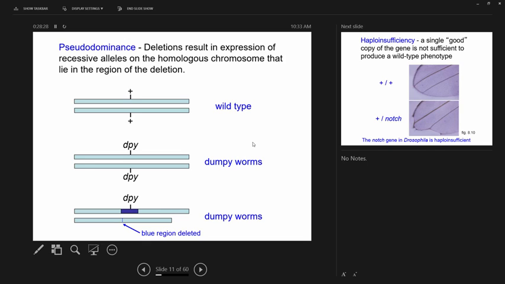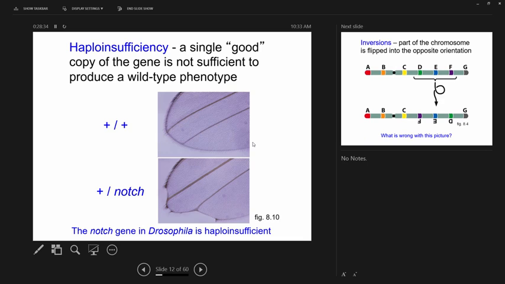So pseudodominance, a term you have to know. Another term you have to know is haploinsufficiency. Haploinsufficiency is sort of an incomplete dominance type phenomenon, but you would get a separate phenotype for it.